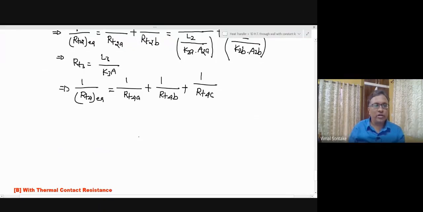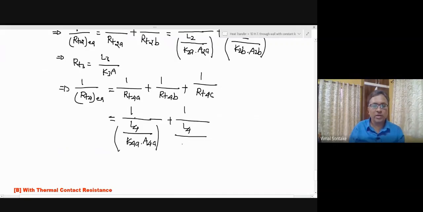So how can I write the expression for these individual thermal resistances? 1 upon RT4A is nothing but L4 over K4A into A4A, plus 1 over RT4B, L4 over K4B into A4B, and finally RT4C is 1 over L4 over K4C into A4C.